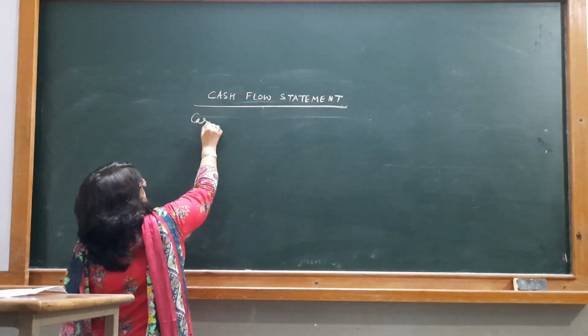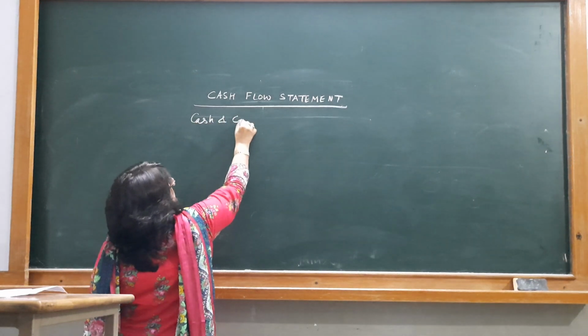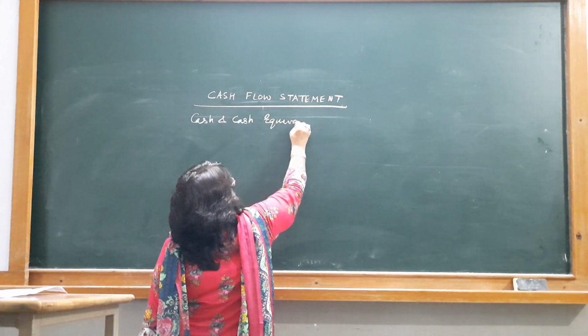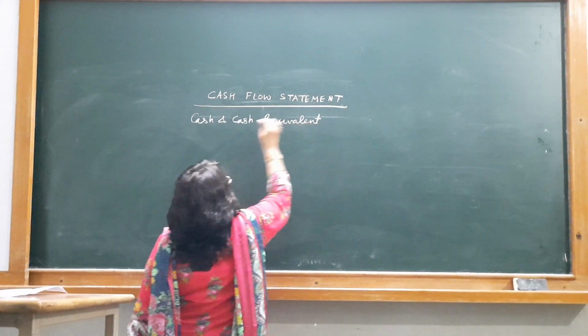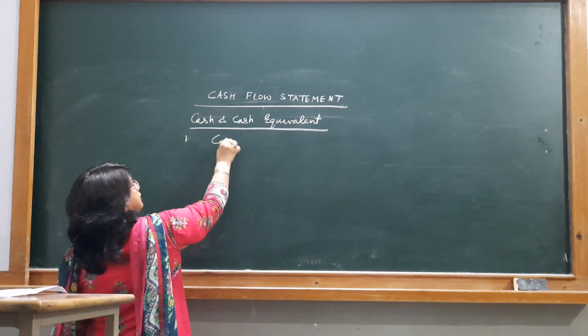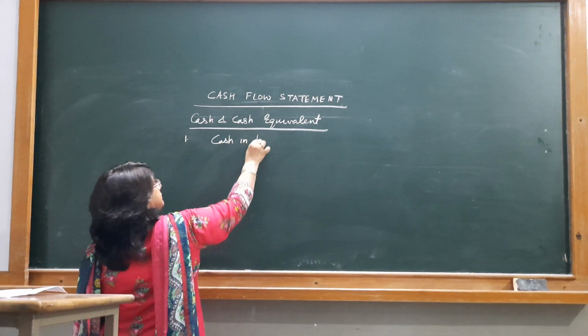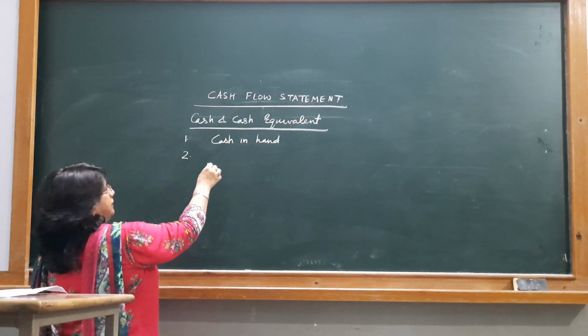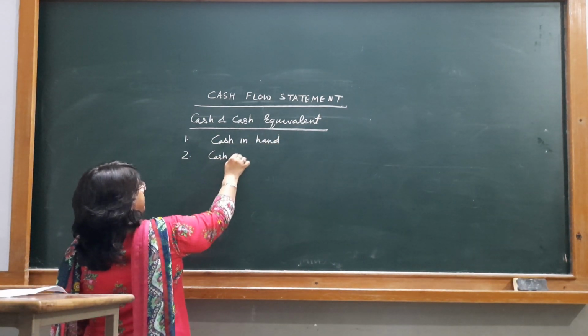Cash and cash equivalent includes those: number 1, cash in hand. Second is cash at bank.